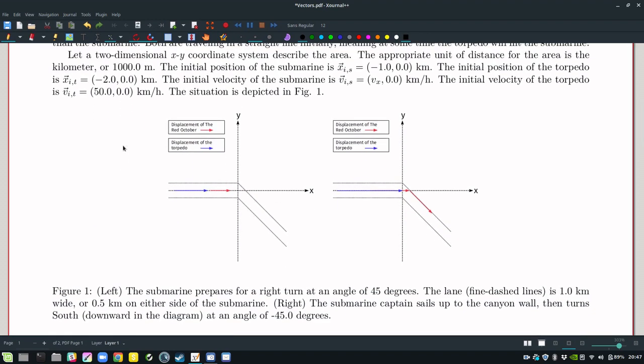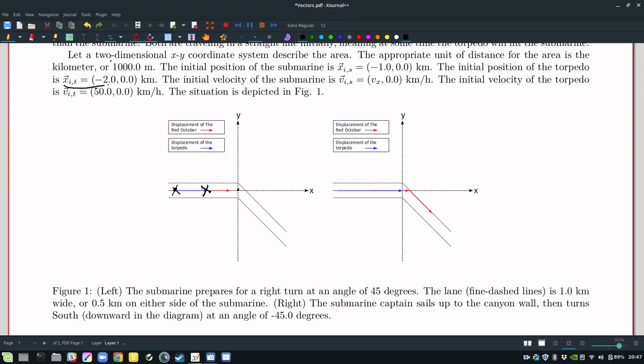So as we saw in class, we have a two-dimensional coordinate system, and the unit of the coordinate system that's appropriate is kilometers. The initial position of the submarine that's being chased by a torpedo is here. It's a kilometer back from the origin, and the torpedo is 2 kilometers back.